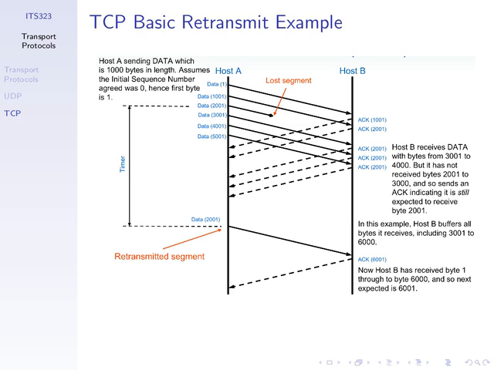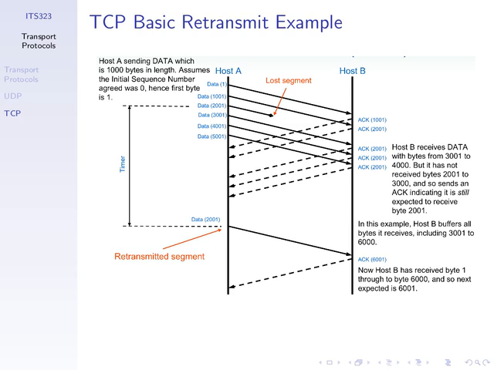That is, we store this 1000 bytes in memory in a buffer, and we send back an ACK saying, I expect to receive 2001. We must receive the data in order. When B receives the next segment, 4001, again, it was expecting 2001.